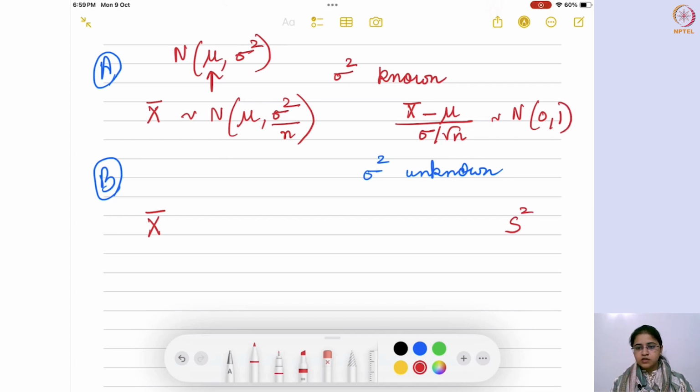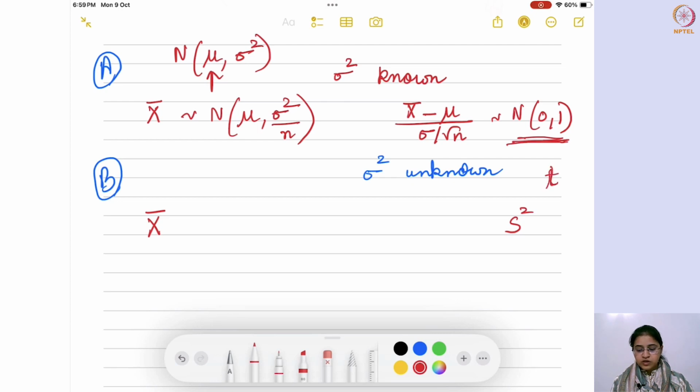You might feel that we should just replace the population variance by the sample variance. That is intuitively correct, but note that the distribution no longer remains normal. It gets transformed to another distribution, which is the t distribution.